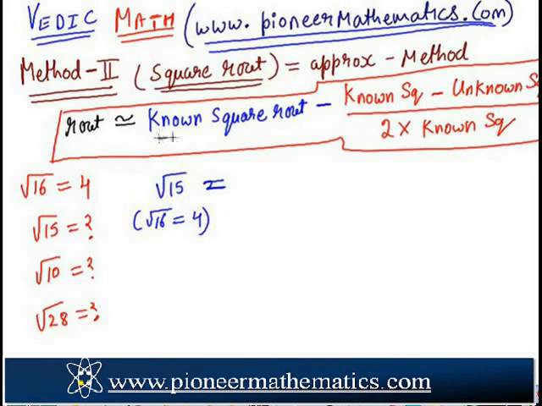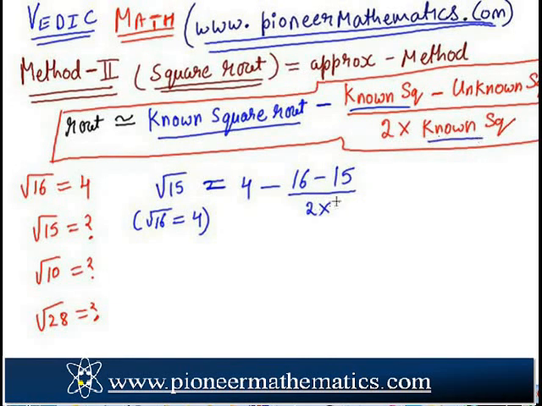Known square root 4. Now according to the formula, known square root 4 minus known square, that is 16, minus unknown square 15, upon 2 into known square root, that is 4. It comes out to be 4 minus 1 upon 8, that is 4 minus 0.125. Now it's very easy for you to do this subtraction.